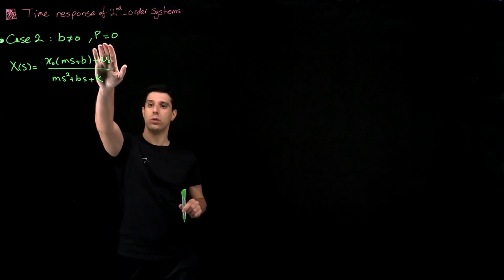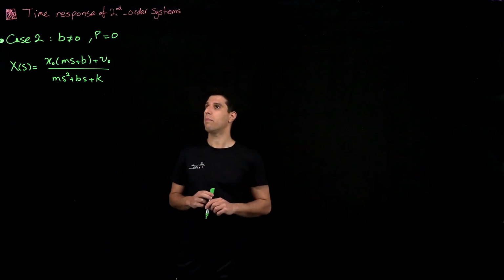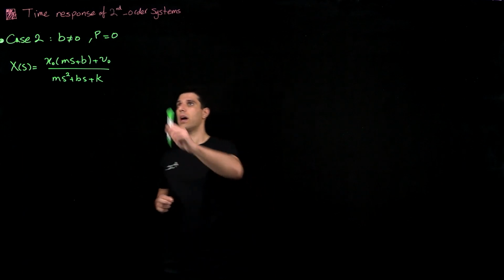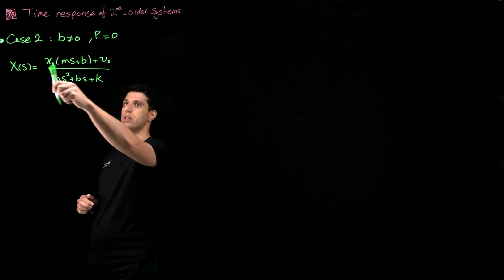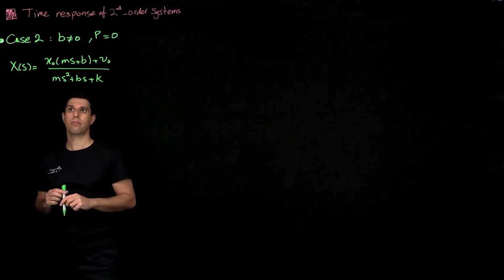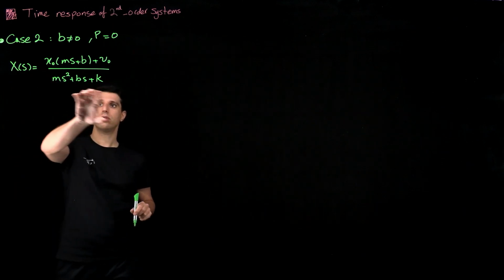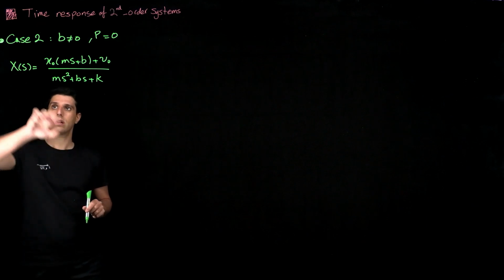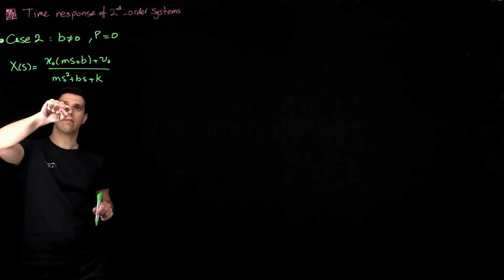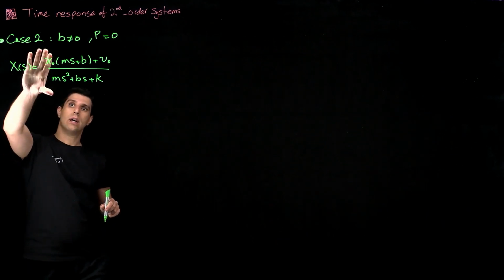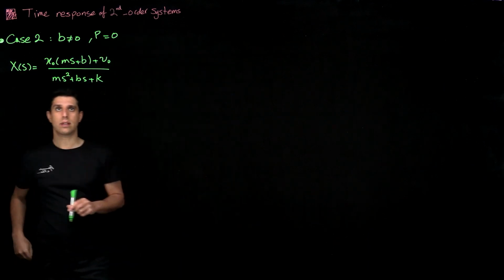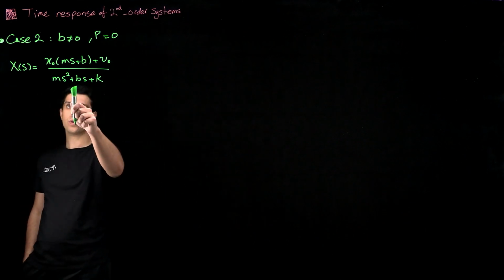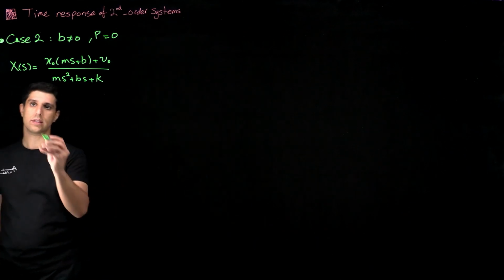Again, we are still looking at the natural response, meaning that there is no input, and we have initial conditions x0 and v0. And just to remind you, this is the equation for the response X of s. So for now, let's forget about the top part and focus on the poles of the system.